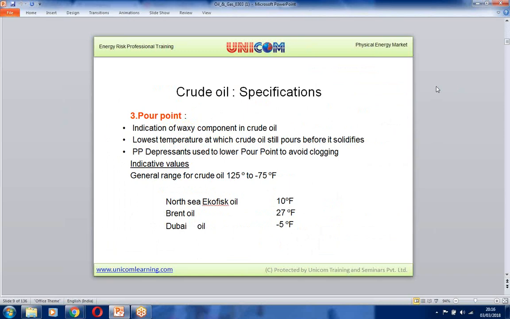If you take some samples, North Sea Ekofisk oil has a pour point of 10 degrees Fahrenheit, Brent is somewhere around 7 degrees Fahrenheit, and Dubai oil is -5 degrees Fahrenheit.